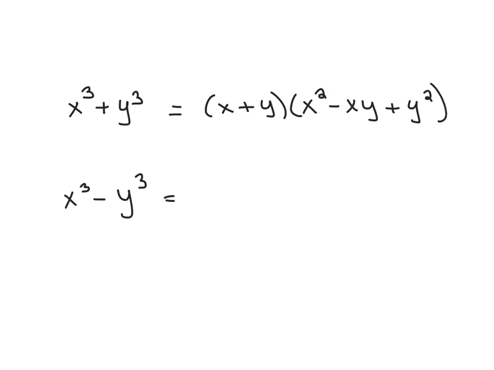If it is a difference, it is x minus y times the quantity x squared plus xy plus y squared. Now, there is a trick to remembering how to do this.